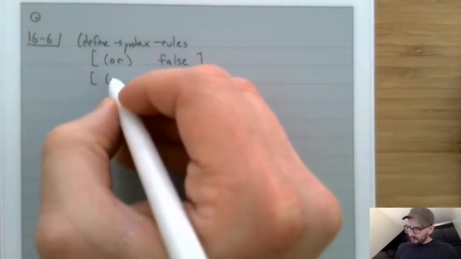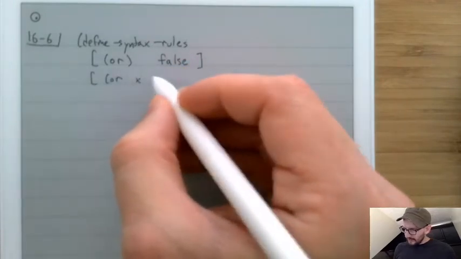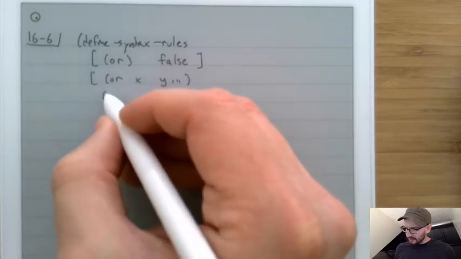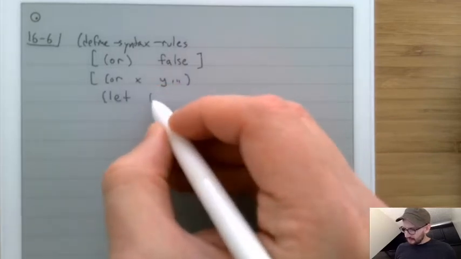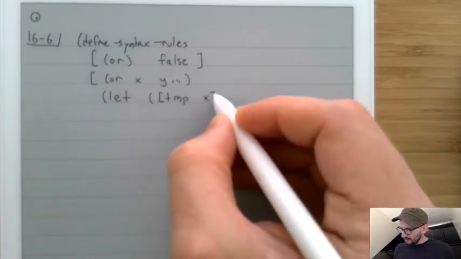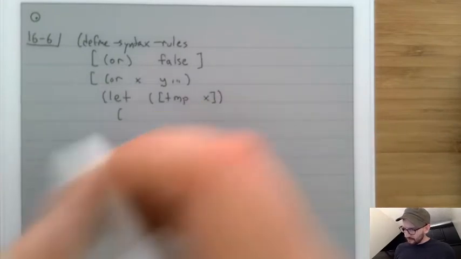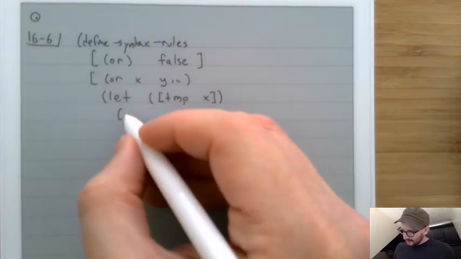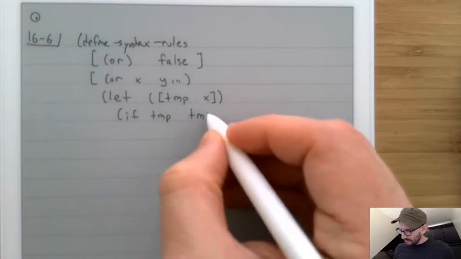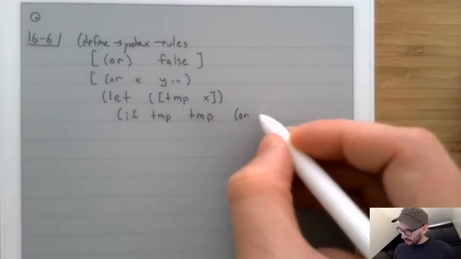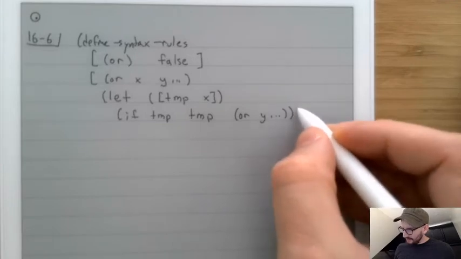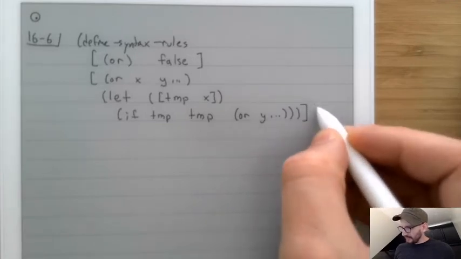But if you have an or with an x and then y dot dot dot, then this is going to expand to let temp of x, if temp, otherwise or y dot dot dot. Close the if, close the let, close that case, close that.